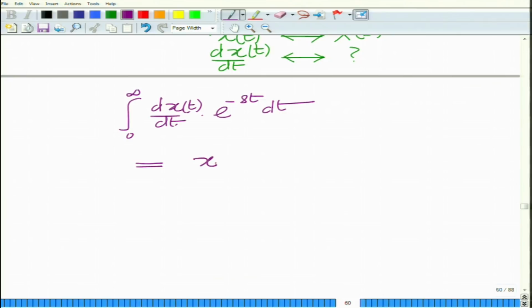integrating dx(t)/dt gives x of t multiplied by e raised to minus s t, minus the integral from minus infinity to infinity.